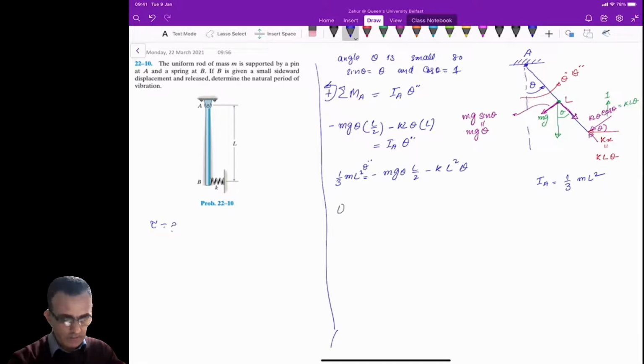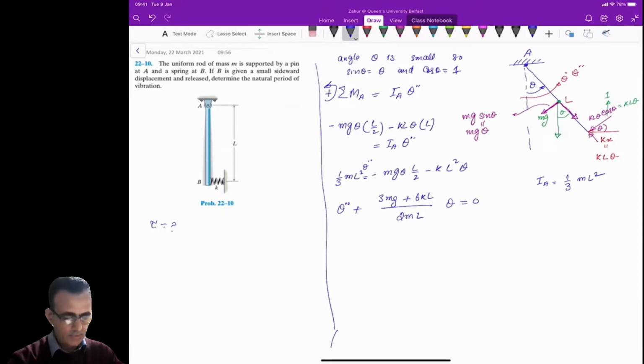You can simplify this equation now. So theta double dot plus 3 mg plus 6 kL divided by 2 ml, times theta, equals 0.